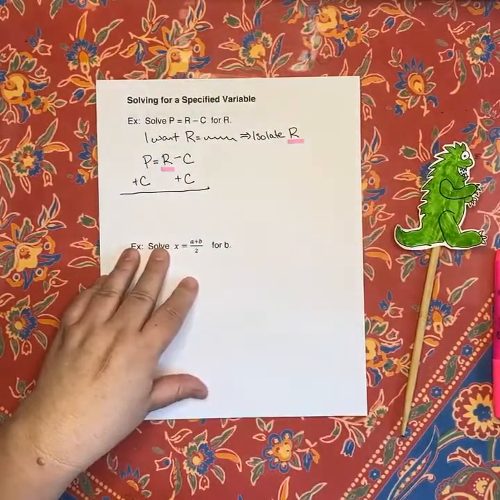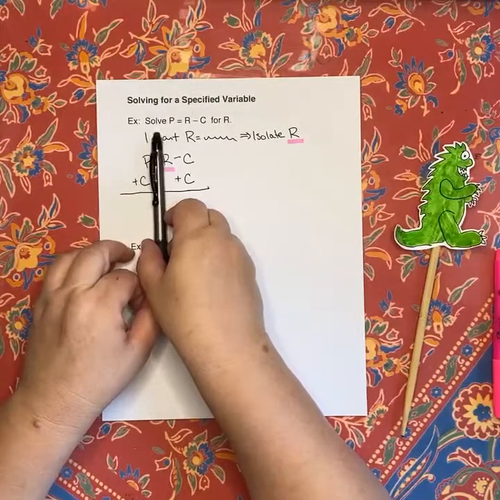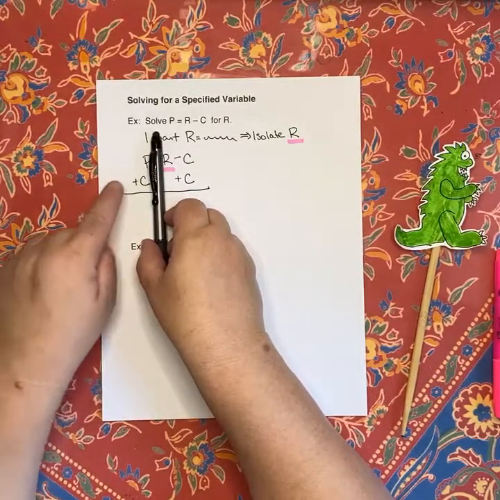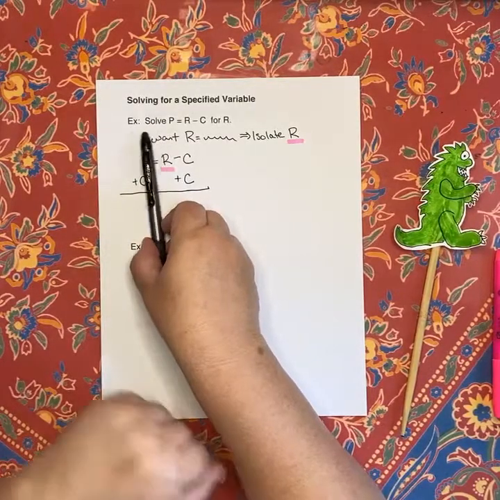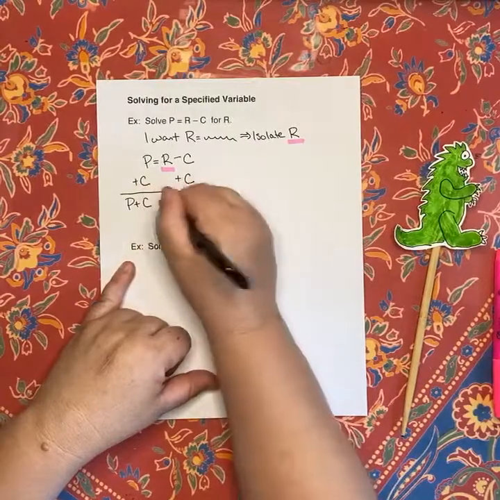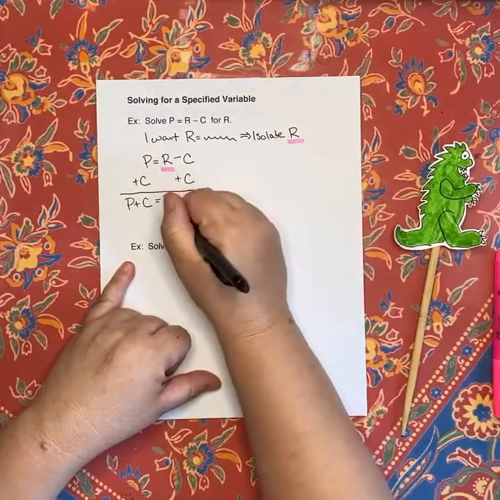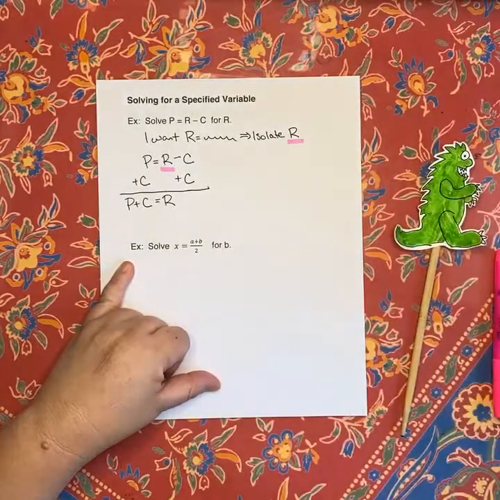And again, if you put down your pen or your pencil when you're doing it, you'll see I have a plus C on both sides. Make sure there's a plus C on both sides. I've got P plus C over here, and I've got R, and then these two cancel each other out.